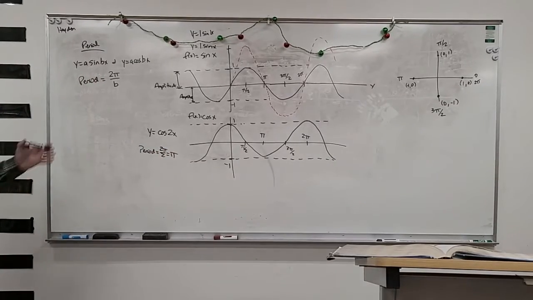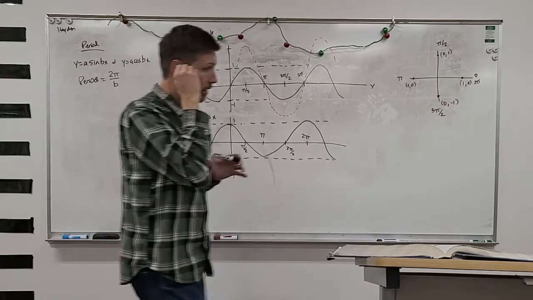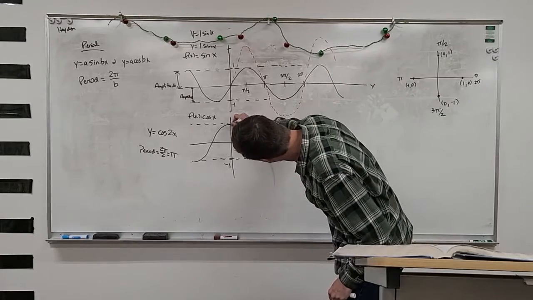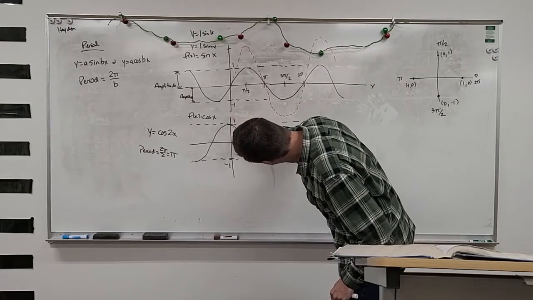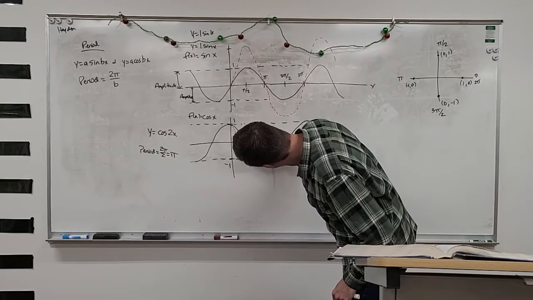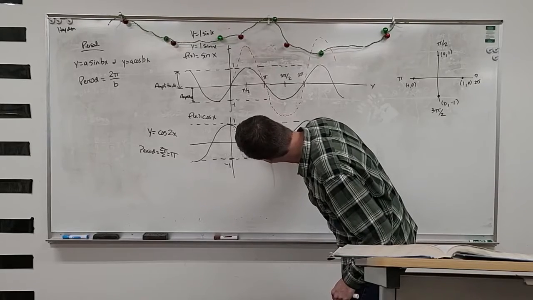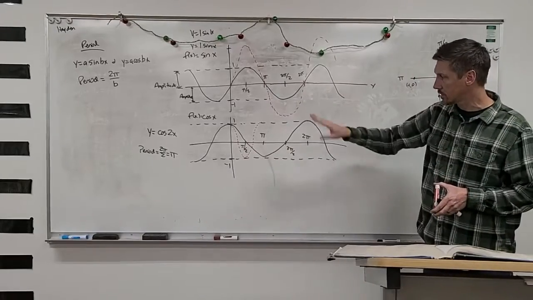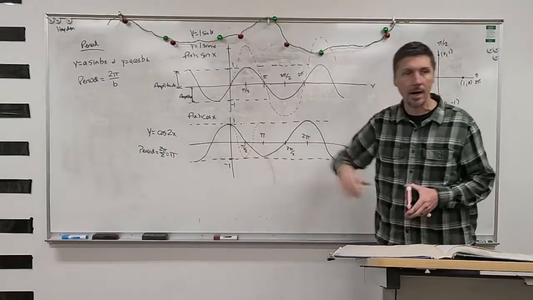And so my new function is going to be squished so that it repeats every pi instead of every 2 pi. So my cosine function is going to come down here like this. So it looks like that now, and it's going to repeat like that every pi instead of every 2 pi.